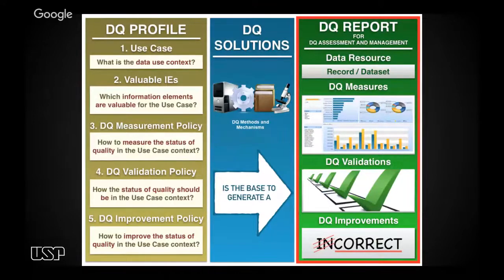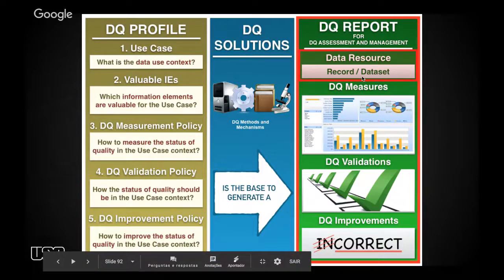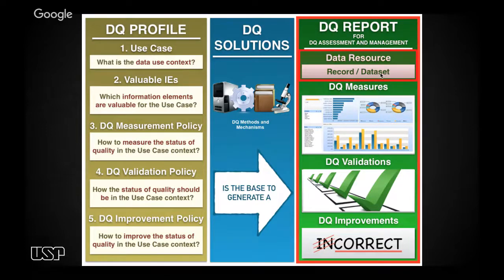A data quality report represents the status of quality of a specific data. It could be a single record or an entire data set. How good is the quality of this record or this data set? Of course, this status is based on the data quality profile.